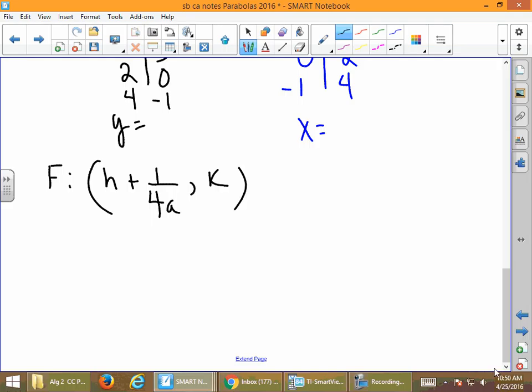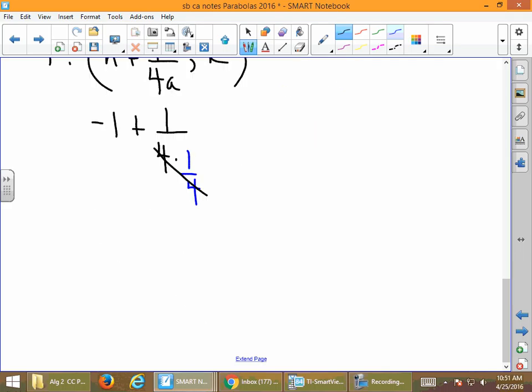And we're just going to fill in our values. So our h is negative 1 plus 1 over 4 times our a value, which is 1/4. And 4 times 1/4 is 1.